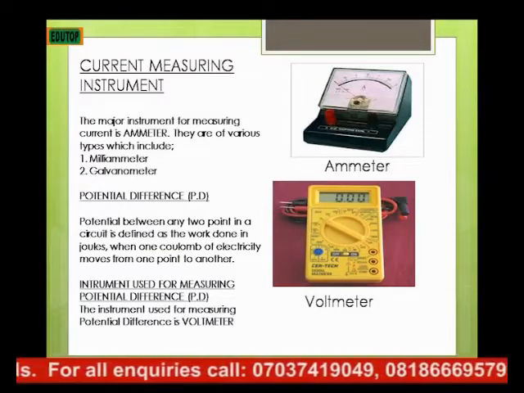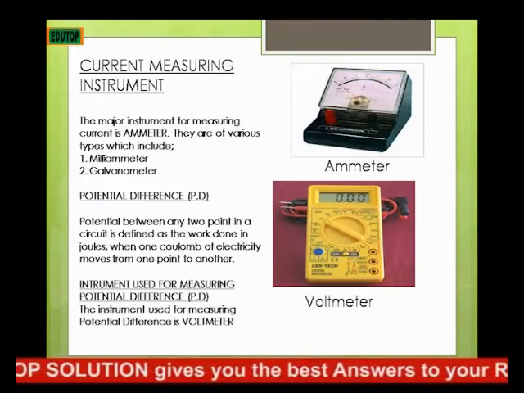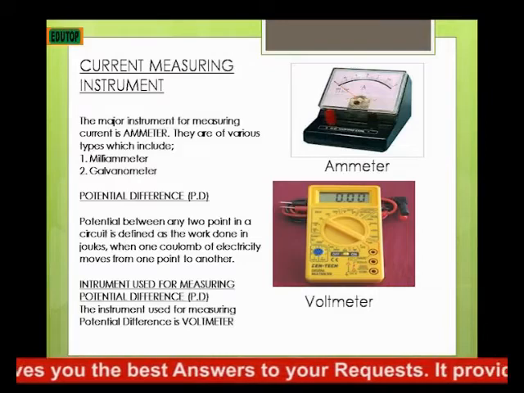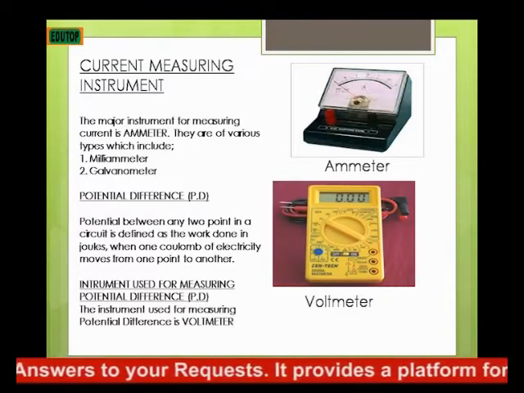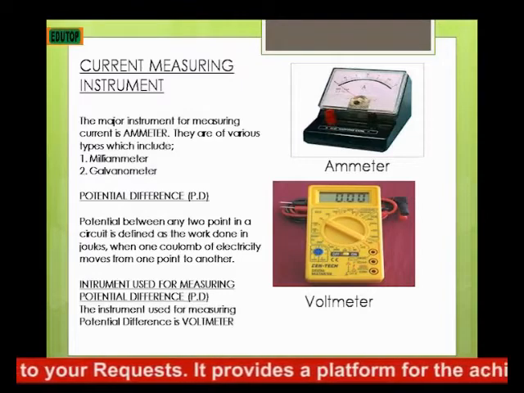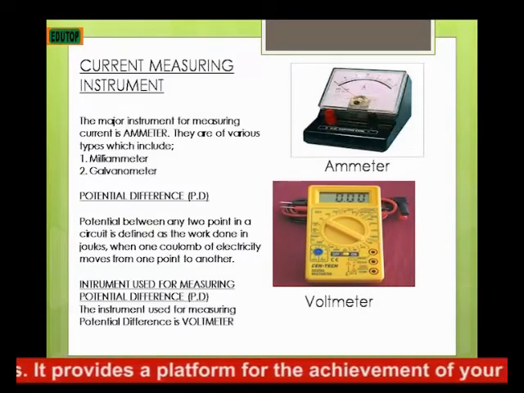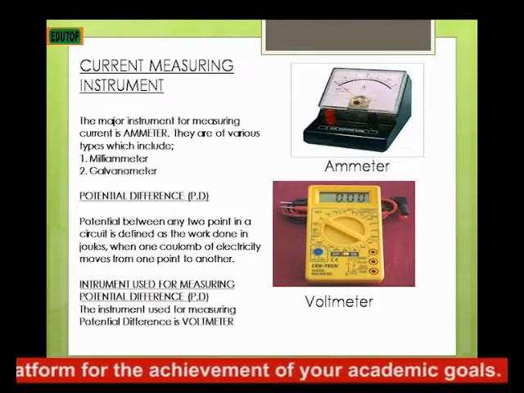You can see milli is just what is being brought in. Now your milli means a smaller value, while the ammeter is for a normal value. Do you understand? This is for a smaller value. So both can be used to measure your electrical current, your ammeter or your milliammeter. Another one we have is your galvanometer.